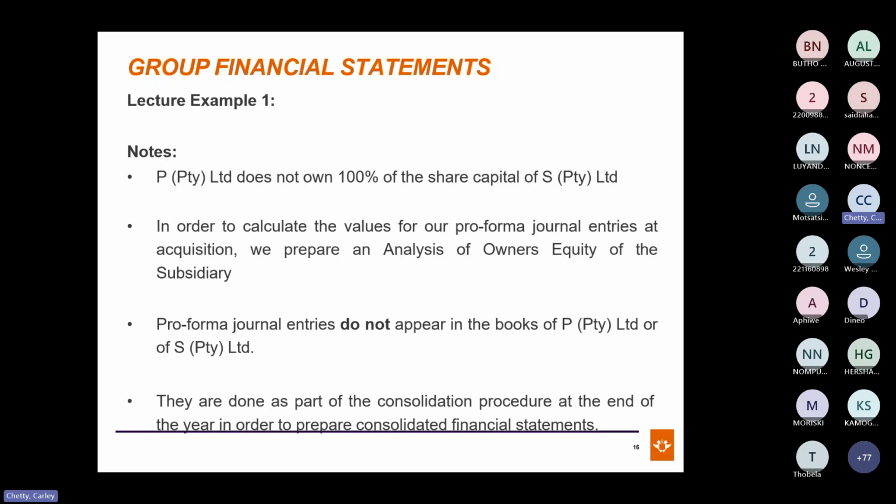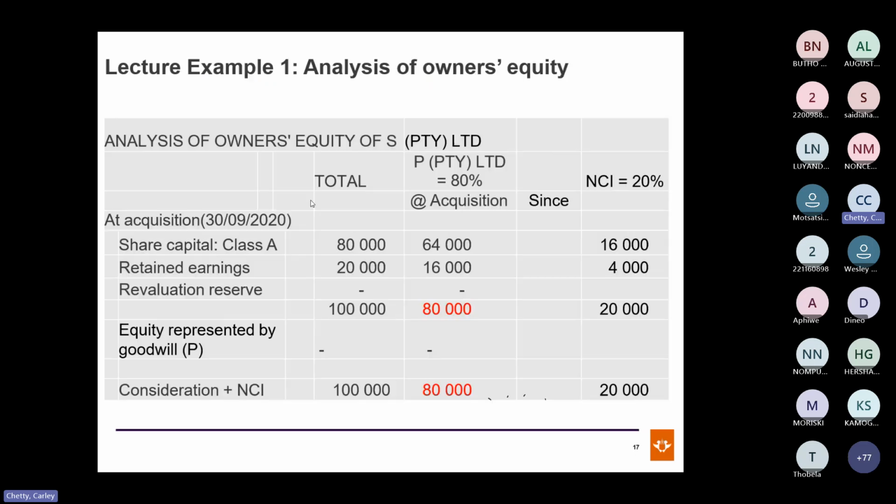So S PTY Limited will still prepare individual financial statements and PTY Limited will prepare their separate financial statements. And then a consolidation procedure will be done where the analysis of owner's equity will be prepared, and then we'll do the pro forma journal entries to prepare the consolidated financial statements.